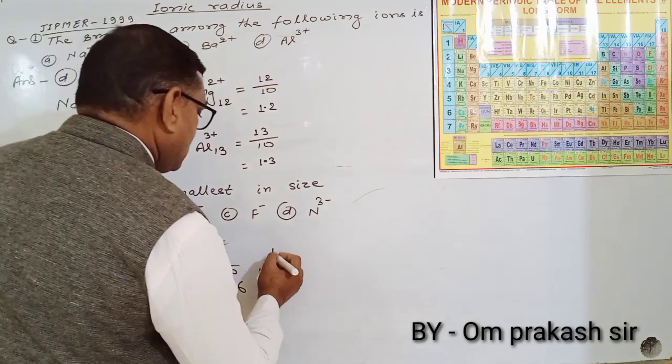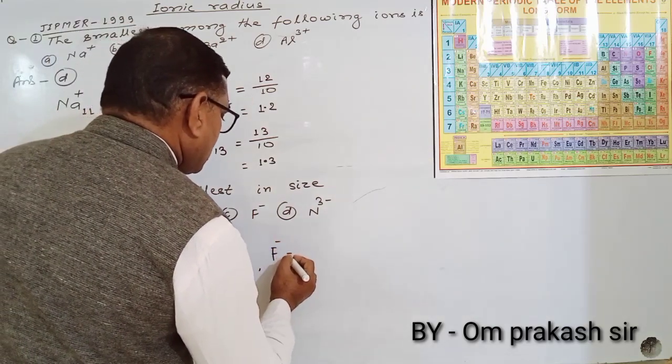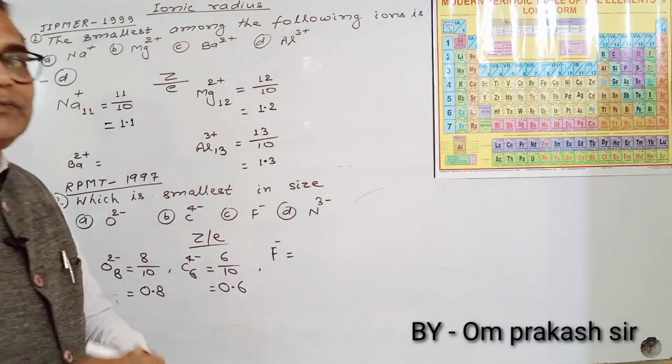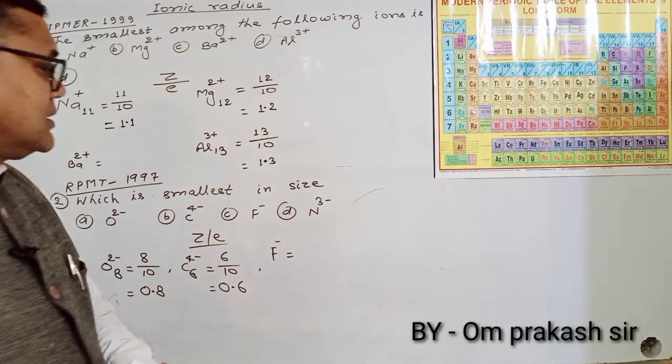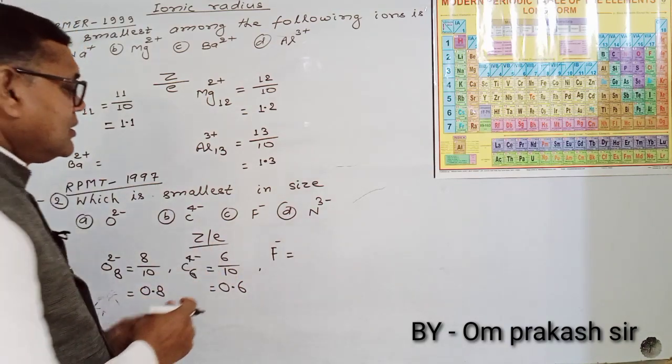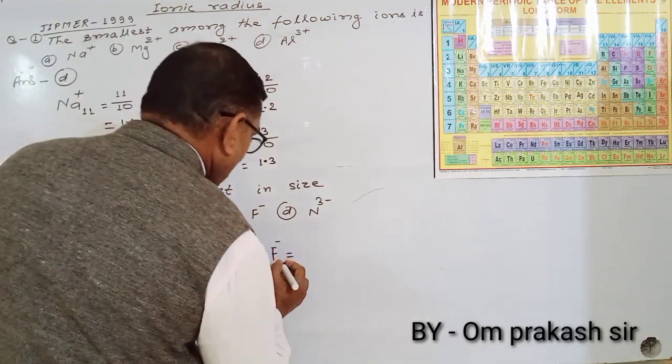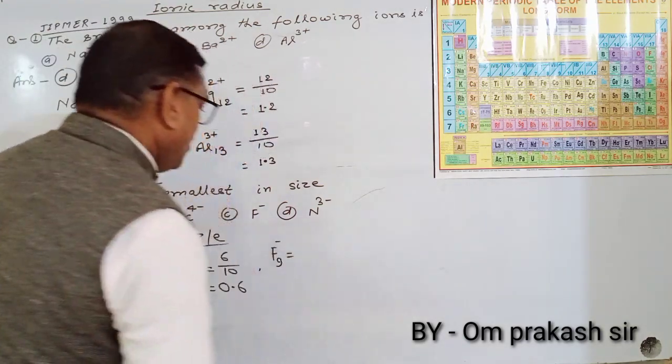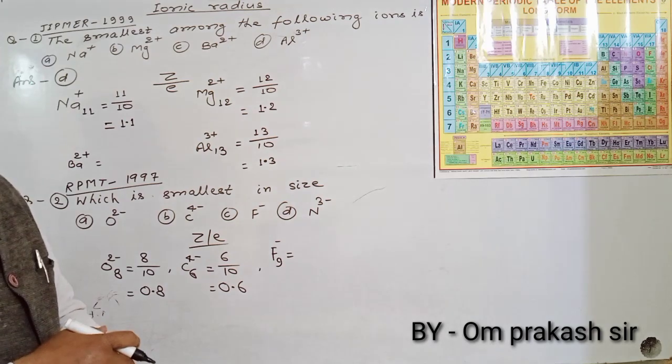Now we calculate Z by E value of fluoride ion. First of all, here we write atomic number of fluorine, which is 9.